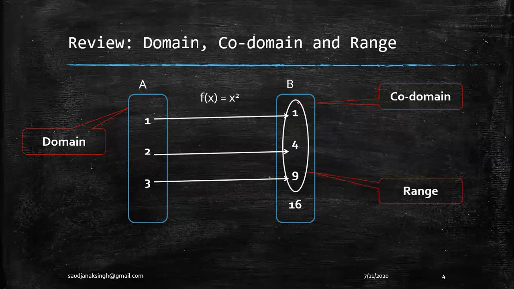Sometimes the range is a subset of the codomain. The range is inside the codomain. This is the subset of the codomain, and sometimes they are also equal. In some cases the range and codomain are equal.